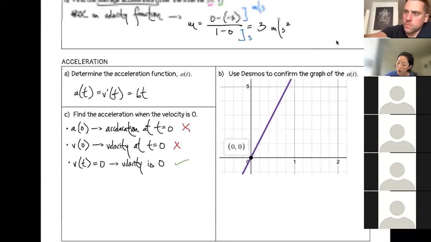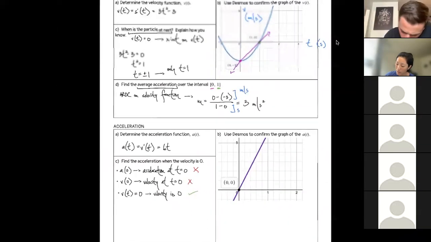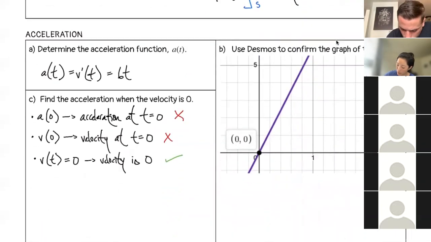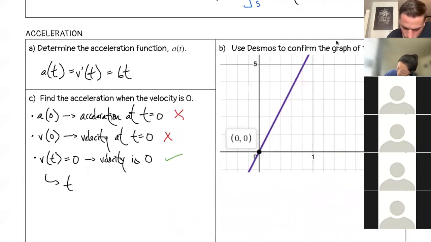That does require us to go back up and say, what was my velocity equals 0? And check this out, we already found that. From above, we know that happens when t equals 1.